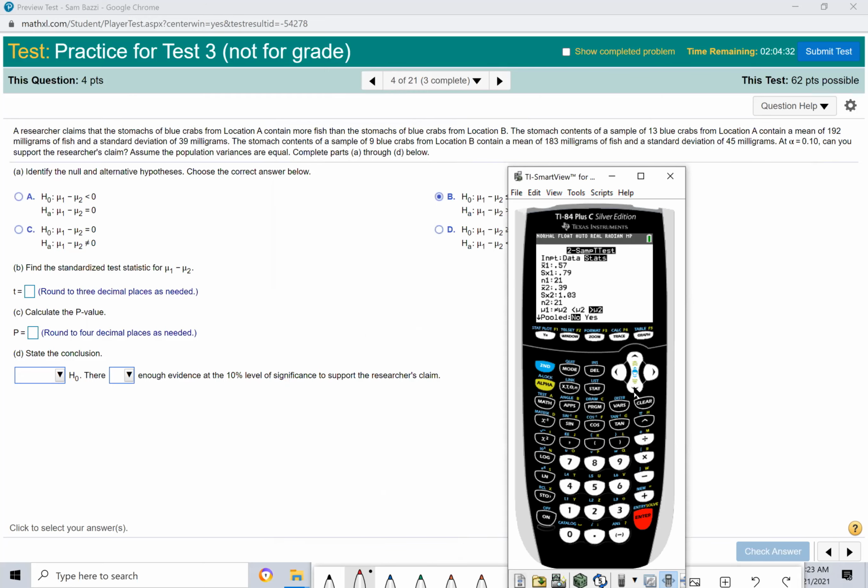All right, guys, X1 bar. We agree it's 192. Standard deviation was 39. That's what I wrote on the whiteboard. Sample size was 13. X2 bar, we put 183.